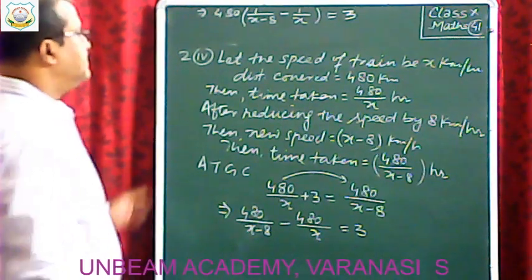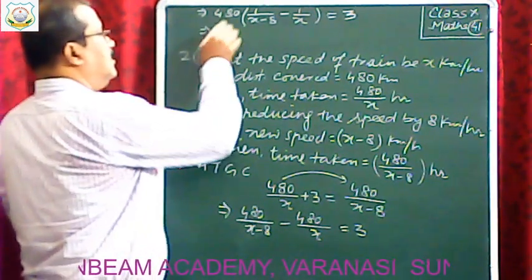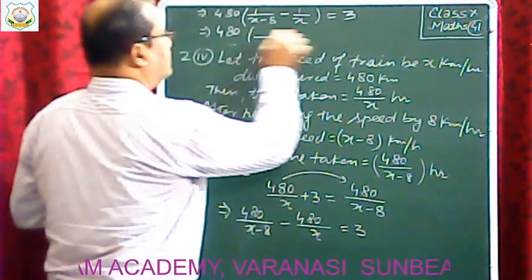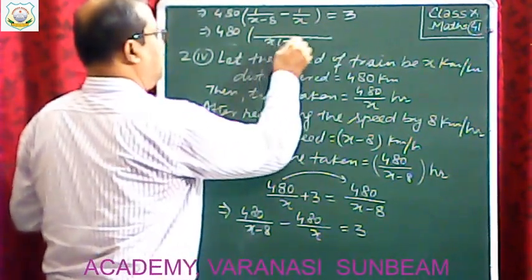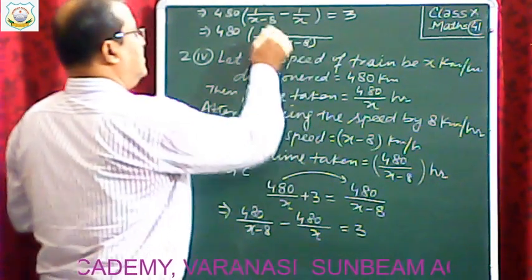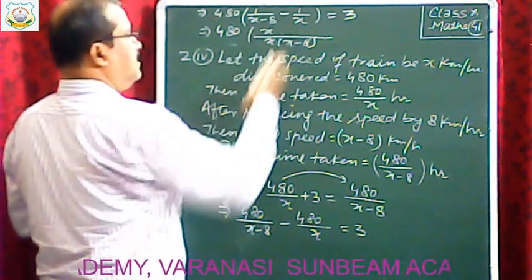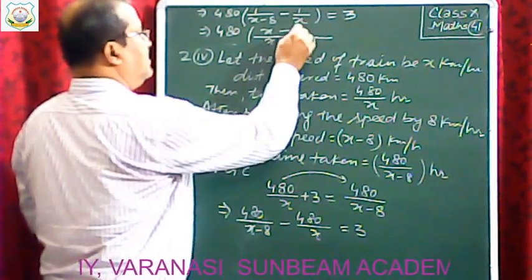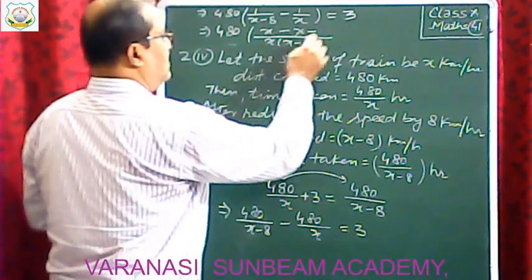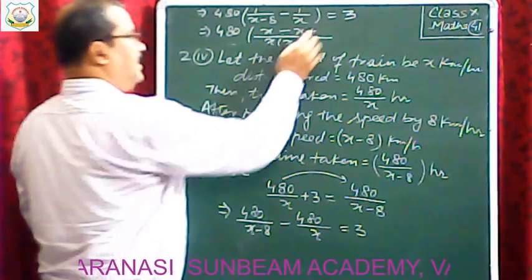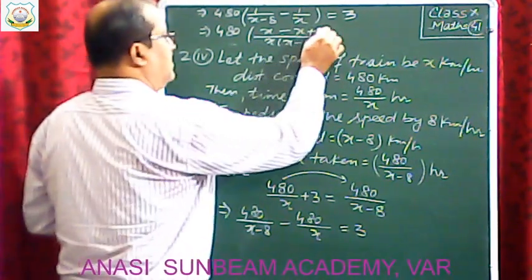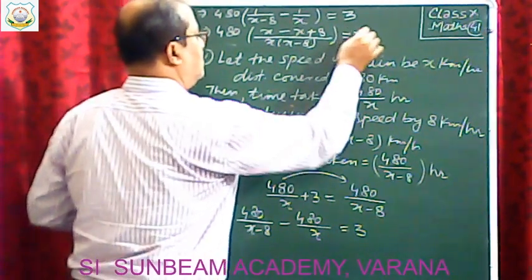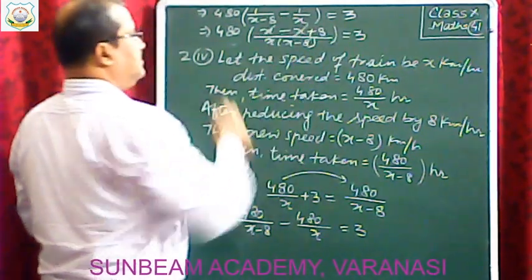Okay. Now simplification left only. x minus 8, so x minus 8 cancel, x into 1, x cancel, x minus 8. So minus sign is before the bracket, we have to make the opposite sign of 8, that is plus 8, equal to 3. x cancel.